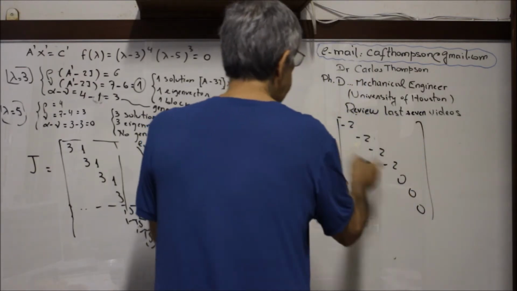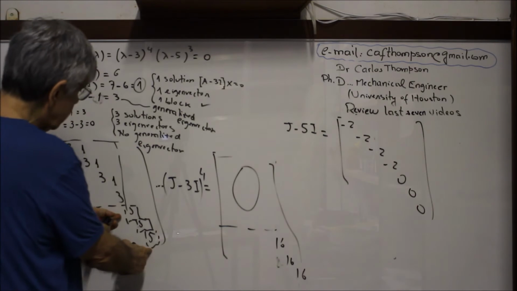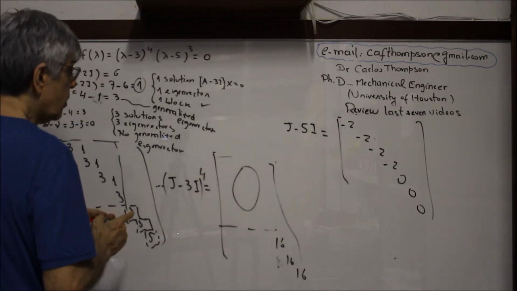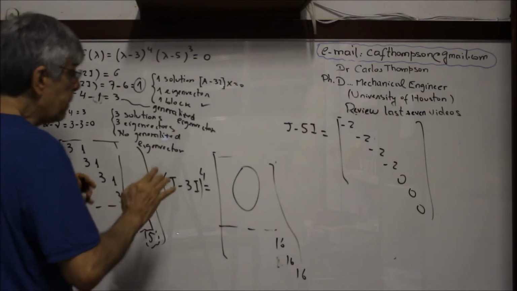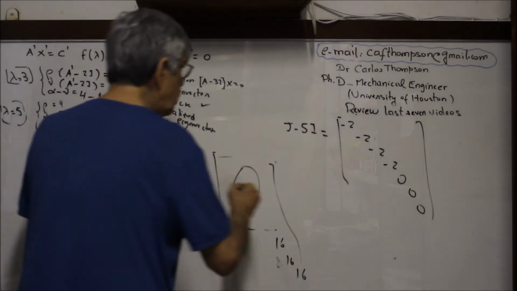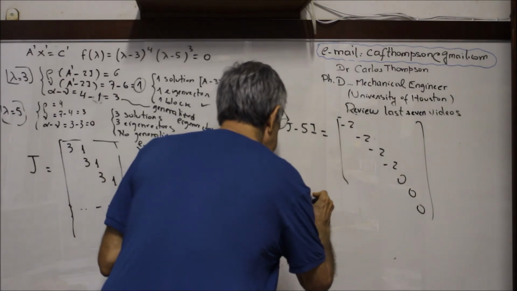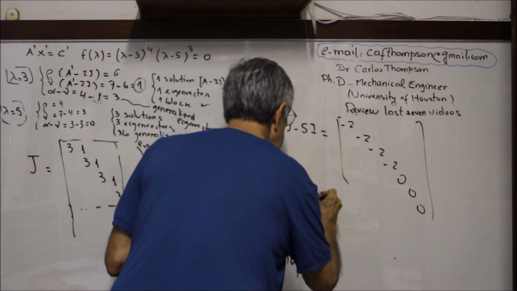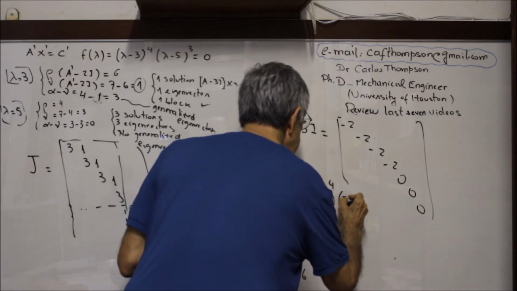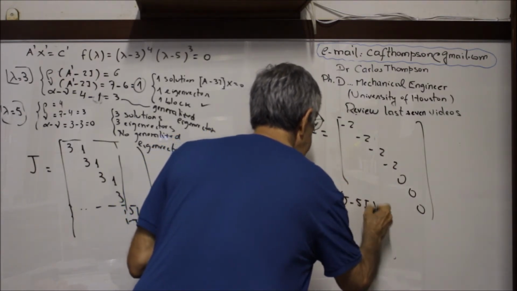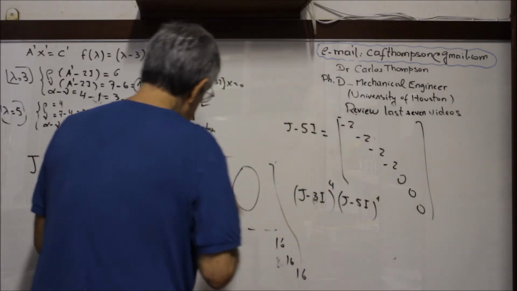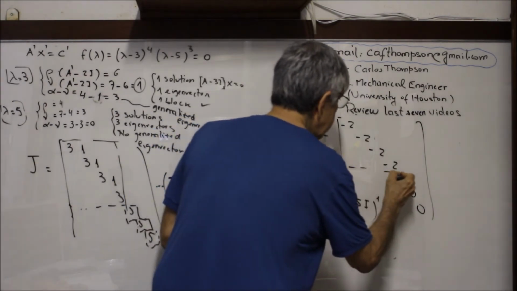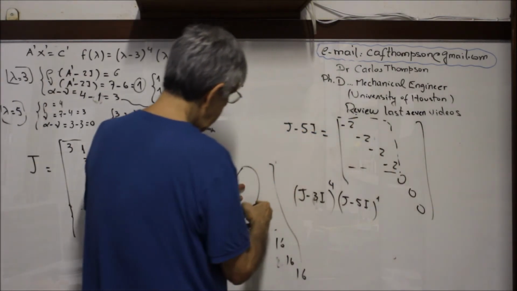Okay? That's easy. J minus 5. This is 5, okay? Subtract 5, it will be 0, 0, 0. Now, if I multiply J minus 3I, I'm sorry, to the power 4 times J minus 5I to the power 1, you see, this 0 here will multiply this block here, okay?